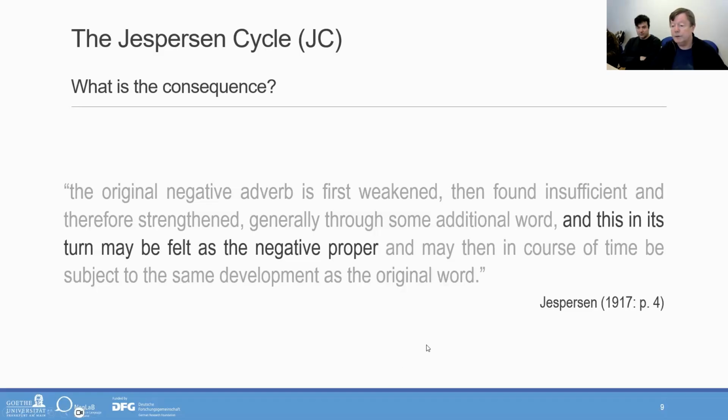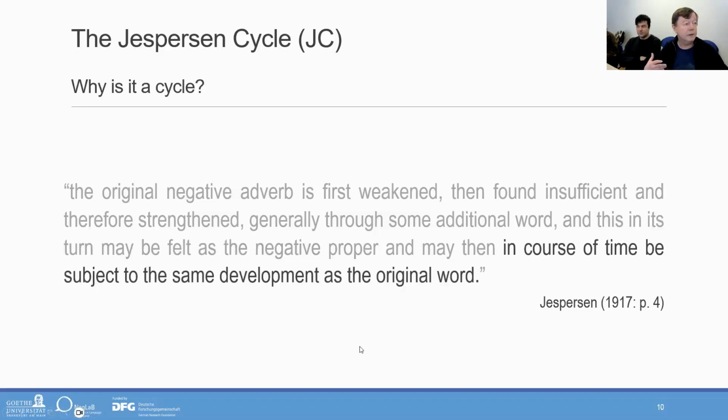And then it could start a new round of the Jespersen cycle, which was the case in French, because the original negator ne in French was the result of a cycle in Latin.